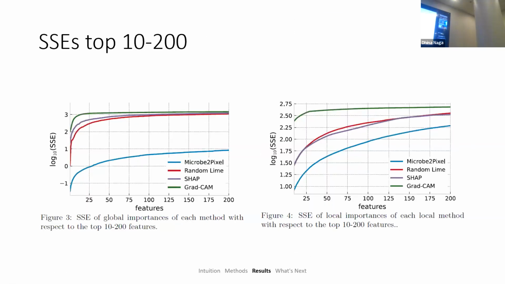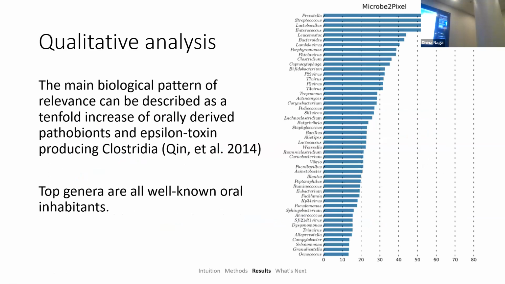However, you can, of course, be robustly wrong, and here it might become a little bit more biological. For cirrhosis, it is very well known in literature that there is an association between oral microbes ending up in the gut when liver cirrhosis is present in a patient. So it didn't really come as a surprise that these species or genera of microbes came up to be important in this data set as well.